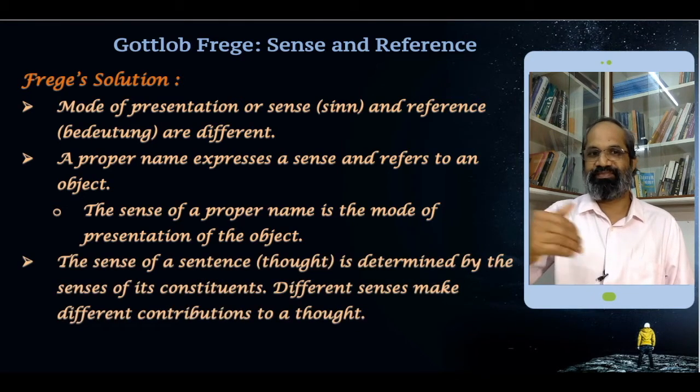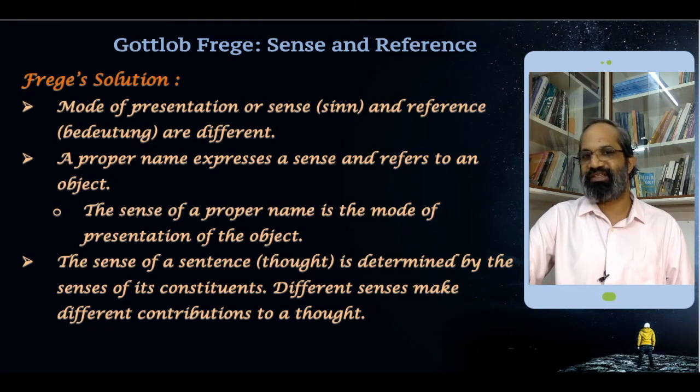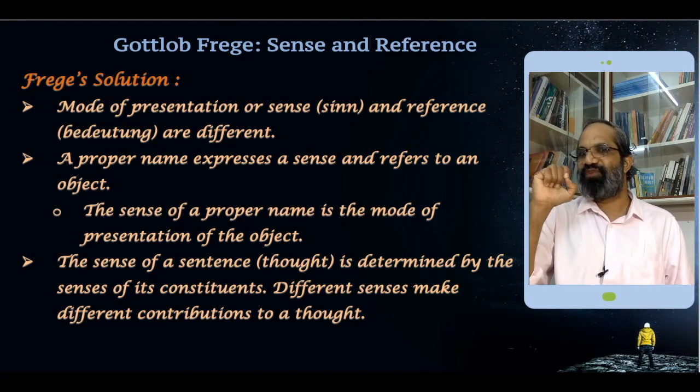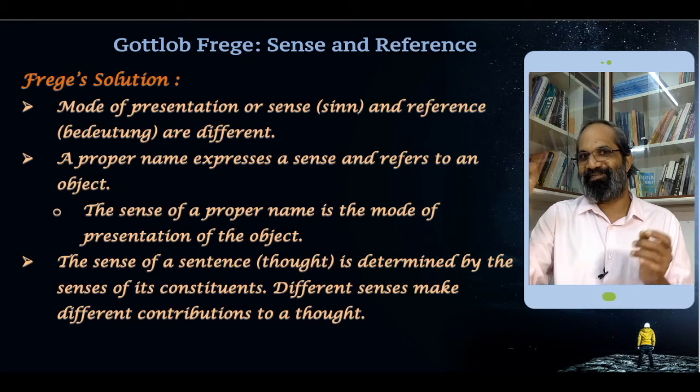That's what Frege says. The sense of a sentence, or we can call it a thought, is determined by the sense of its constituents. Different senses make different contributions to a thought. The sense of a sentence, what Frege calls a thought, is a proposition. A proposition, as we said with Ram killed Ravana and Ravana killed Ram, is not the sentence but the meaning of it.